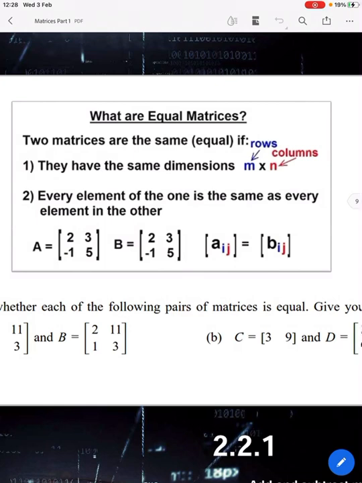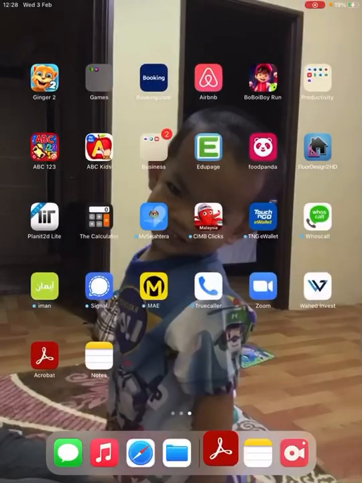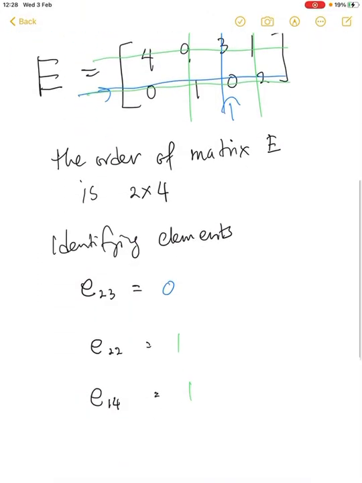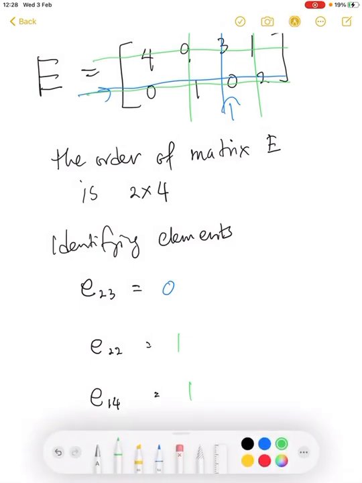By the way, dimension is another way to say the order.